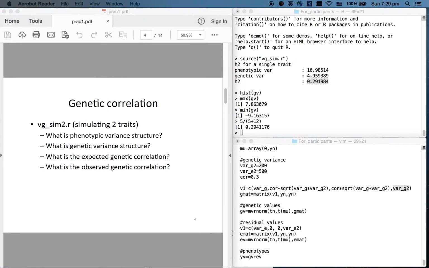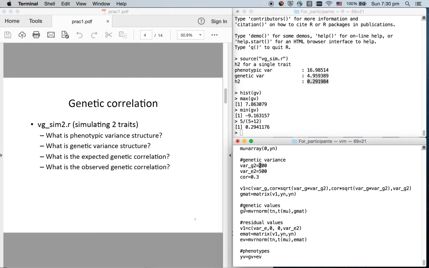Okay, so this code basically specifies the structure that I show here. In this case, the correlation times the square root of the genetic variances of the first trait and second trait is actually the genetic covariance. Okay, so this variance covariance structure is stored in GMAT, that is the genetic structure matrix.